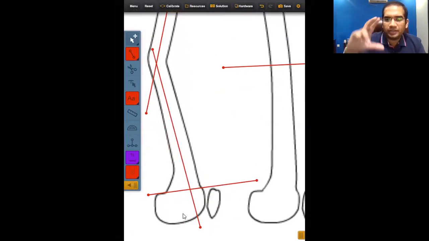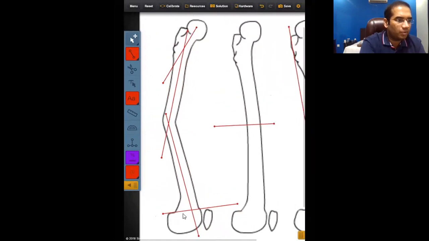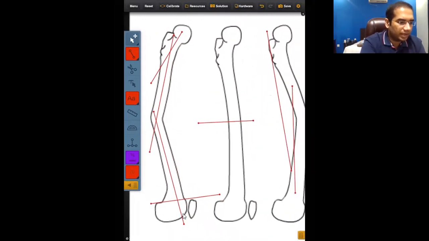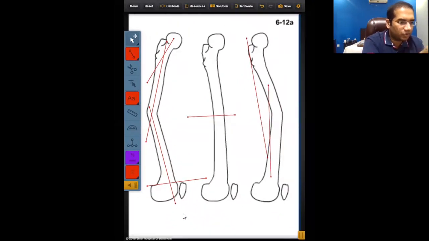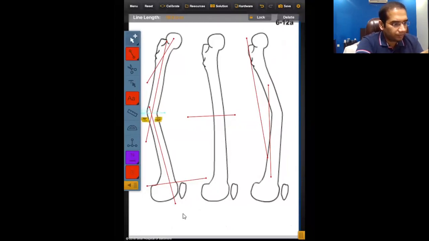So I know that there is no deformity in the distal part of the femur. The obvious deformity is the only deformity. So then again, I told you that I'm going to correct it. The principle for correcting the deformity is the same. I will be drawing a bisector.